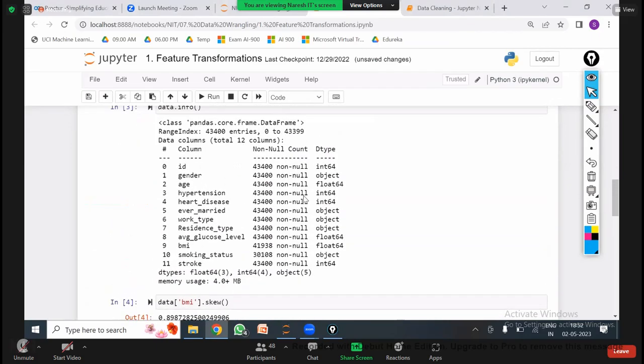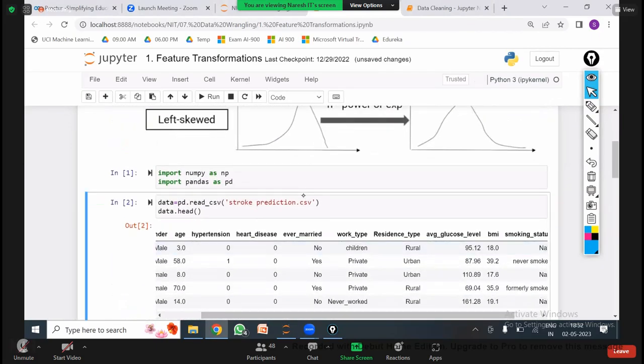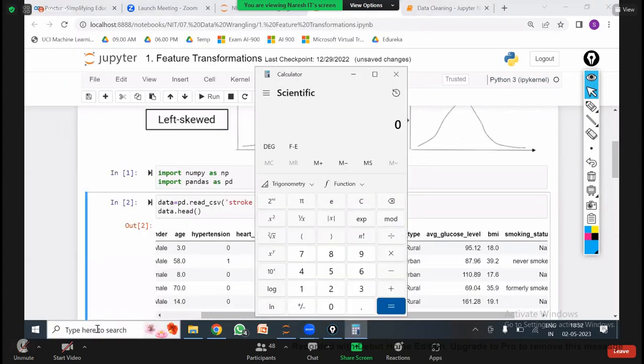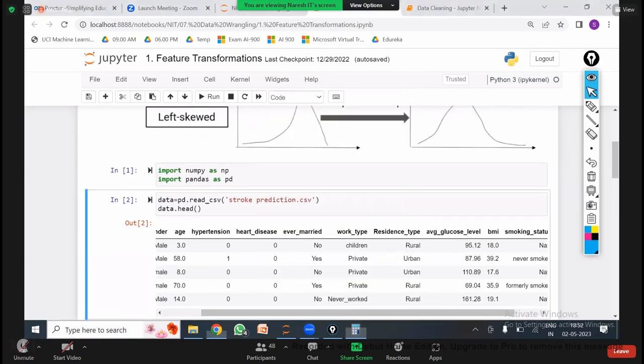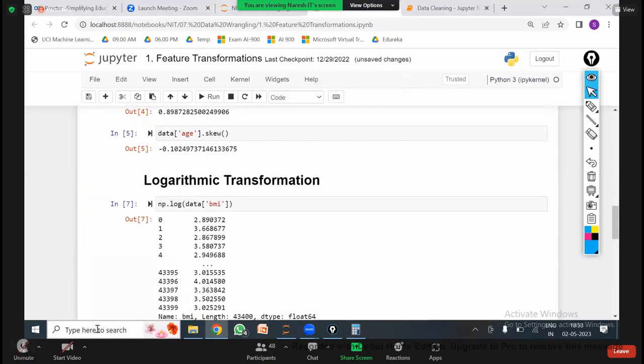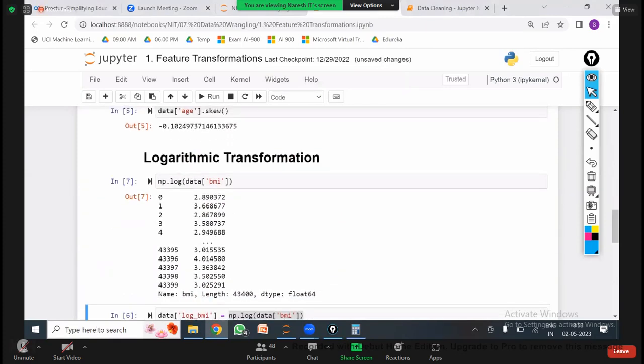Now, what is the first record? 18. Just open the calculator. In the calculator, apply 18 and log. Log 18 is, what is the value? 1.225. So let us check whether we have got the same value. The first one is, what is the log value?